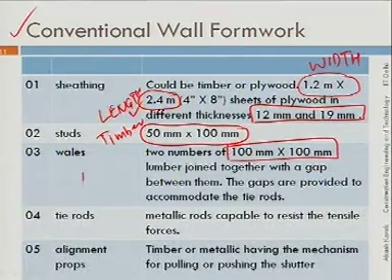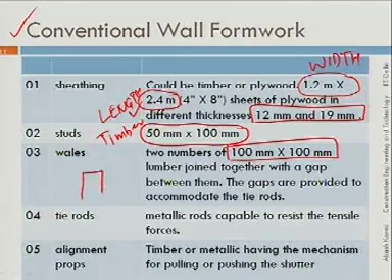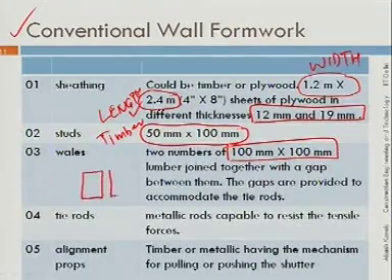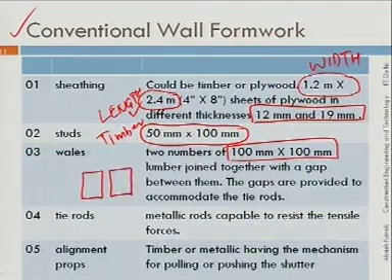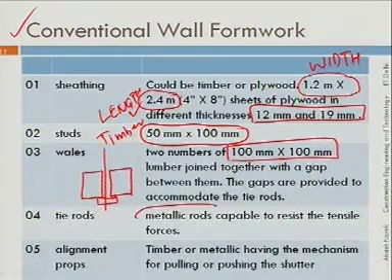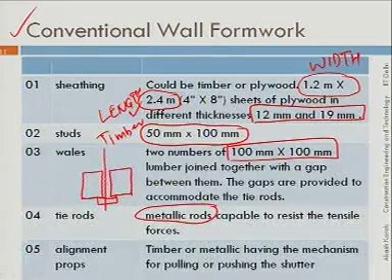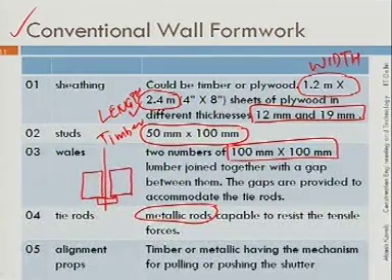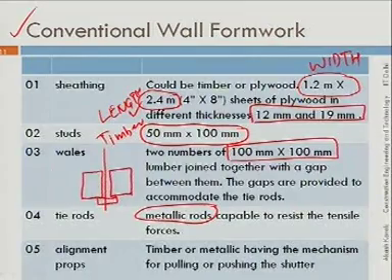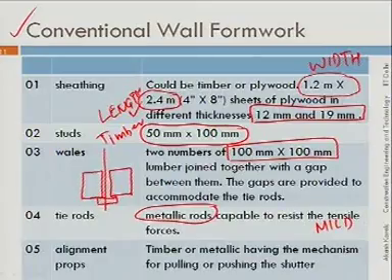So, it would be something like this. You have one wale here, another wale here, and in between there is a gap. Now, this gap we use for putting the tie rod. I will show you this in the next slide. Now, tie rods are basically made out of metals. They could be of mild steel, or they could be some alloys.